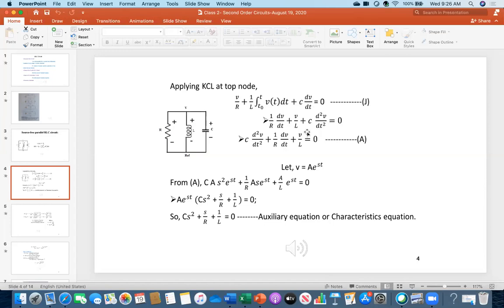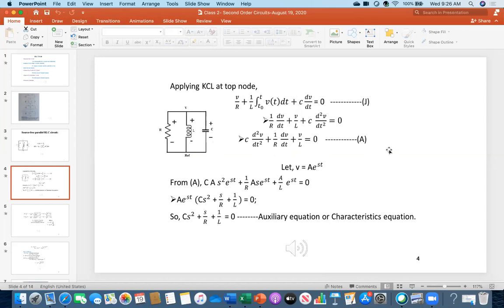Then I am rearranging the terms. First I am writing the second order term, C d square v by dt square, then this one, dv by dt, and at last this one, that equals 0. So everybody see, this is clearly a second order differential equation form. This means this circuit is a second order circuit.